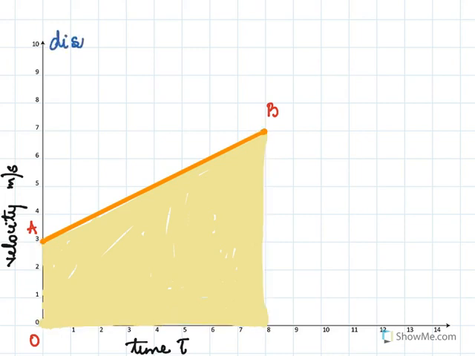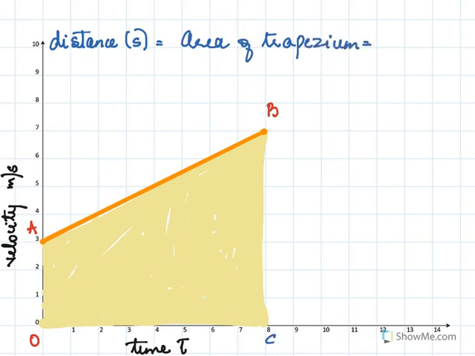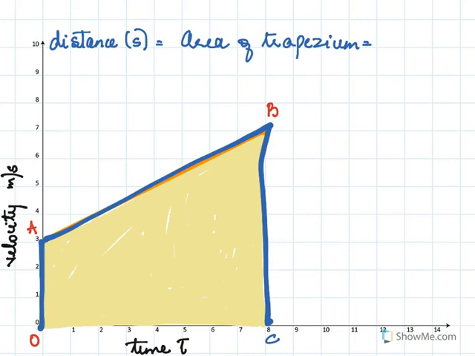So here we say distance, which is given as S, is in this case the area of trapezium OABC.